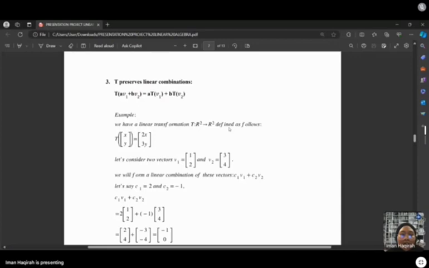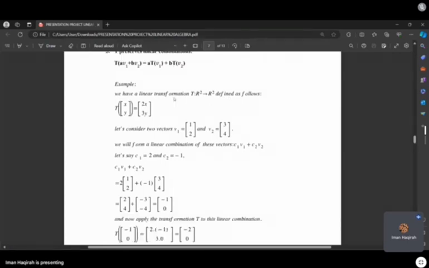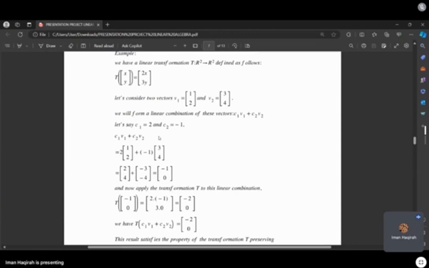The third property is that T preserves linear combination. This is the formula. For the example, we have a linear transformation R2 to R2 defined as follows. Take vector V1 = (1, 2) and V2 as another vector. Let's say c1 = 2 and c2 = -1.